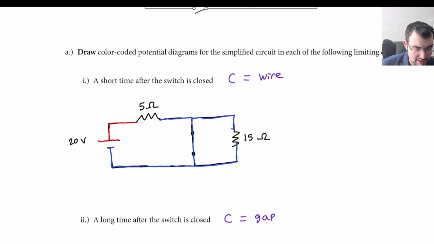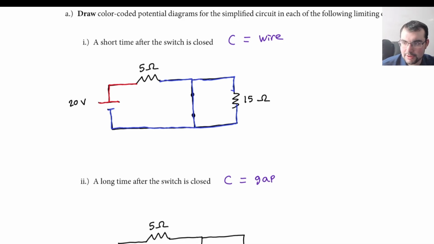And notice we get something interesting here. I've actually colored the entire right half of my circuit blue. Why did that happen? Well, this is a short circuit because we have 0 resistance in parallel with 15 ohms. And if I have a resistance-free path, all of the current will actually go down that resistance-free path. So what does this mean?